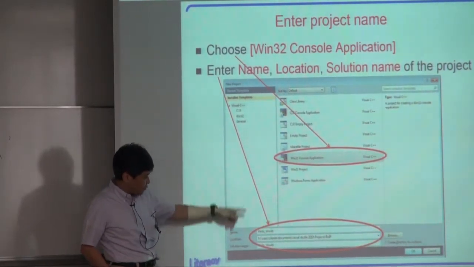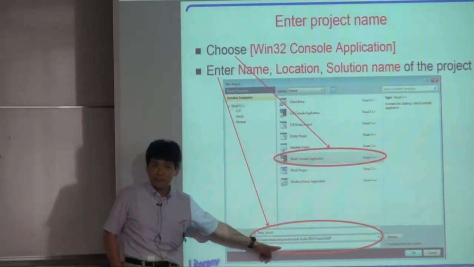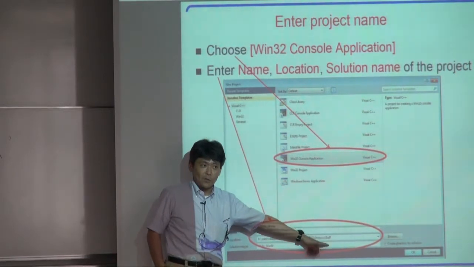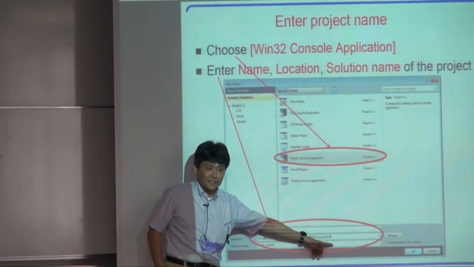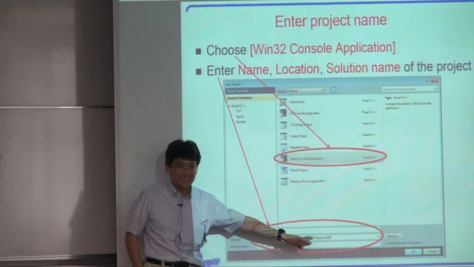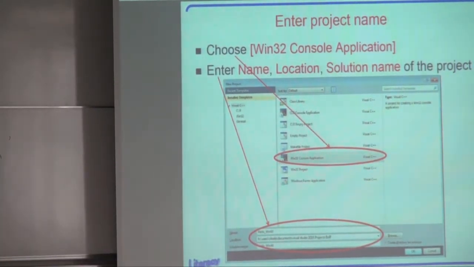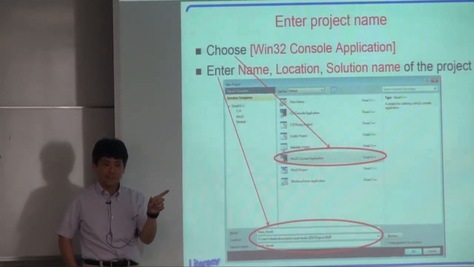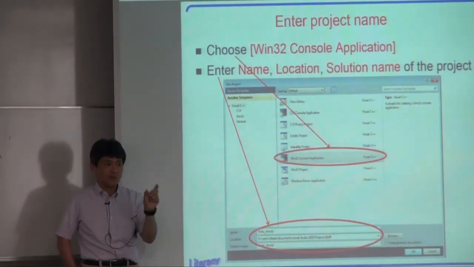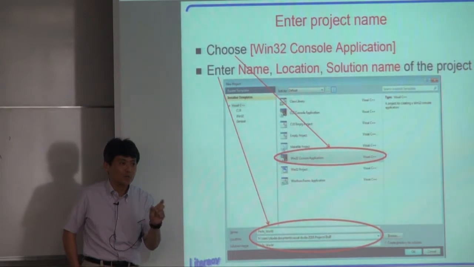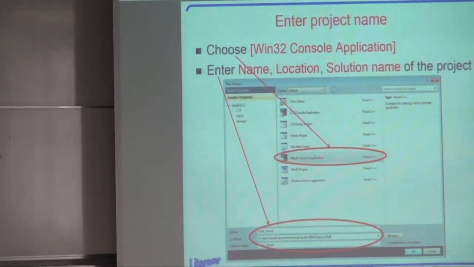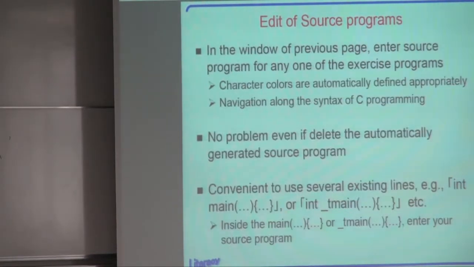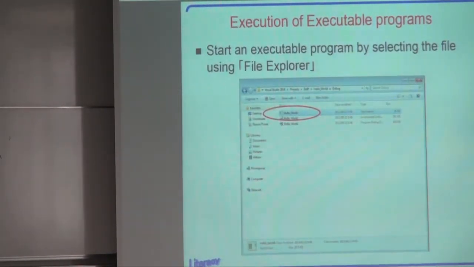In this way, you specify the folders. Your executable program is in one of the folders inside these folders. Usually inside, a debug directory exists, and inside the debug directory, you can find your executable program. Like this.